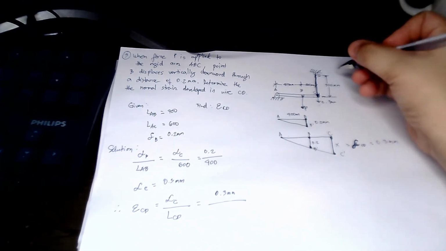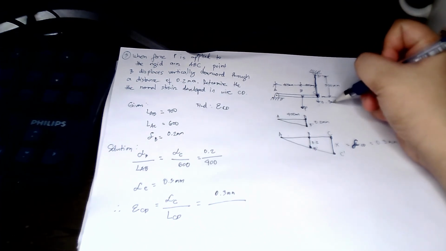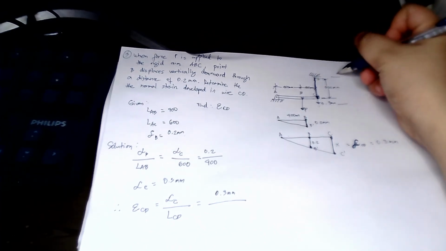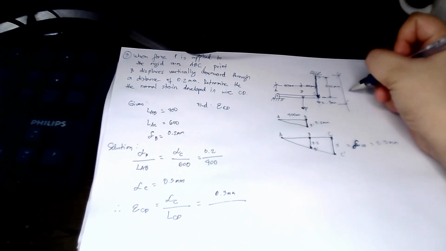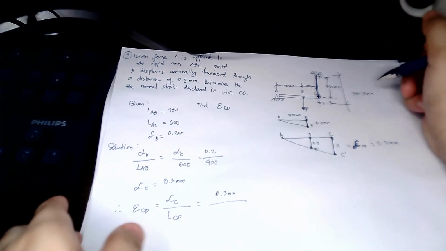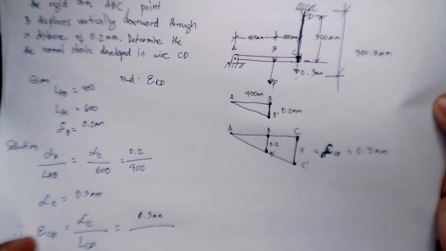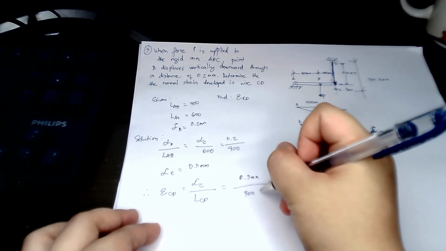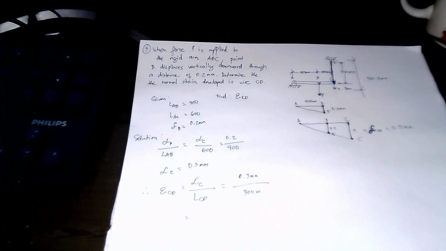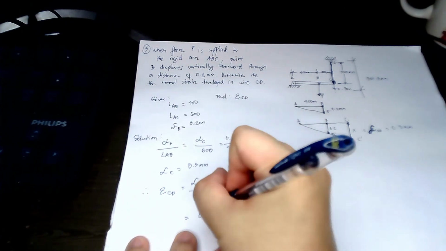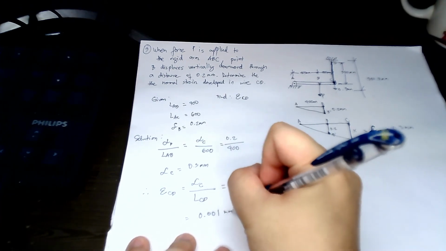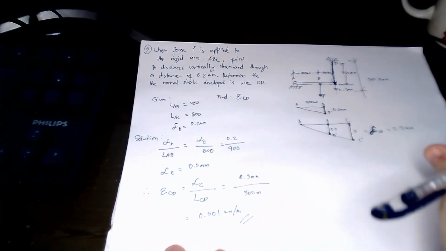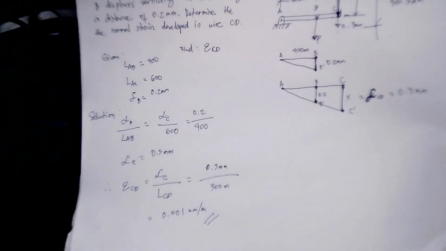So that is its change in length. So from 300 mm plus 0.3 mm, after the application of load P, the new length now is 300.3 mm. Right? So, divided by 300, 0.001 mm per mm, and that is your strain developed in wire CD.